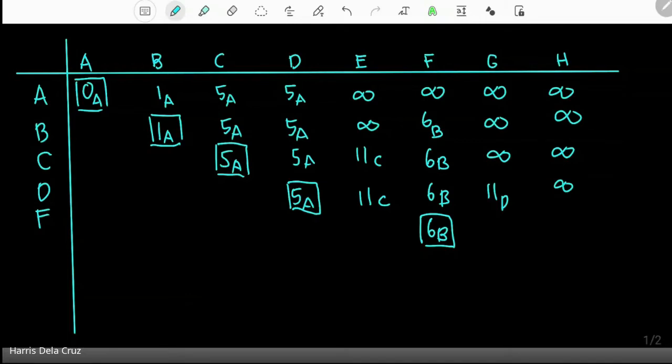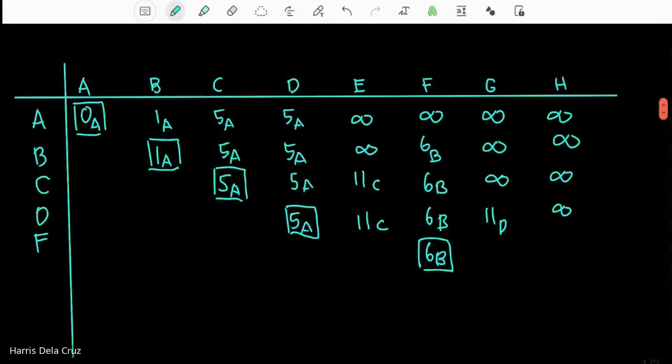From F, we can reach G and H. So we no longer need to bother ourselves with B and D since those vertices already have permanent labels. So from F to go to H, we add 10. Currently the label of F is 6, so plus 10, that's 16, which is smaller than infinity. So we write here 16 from F.